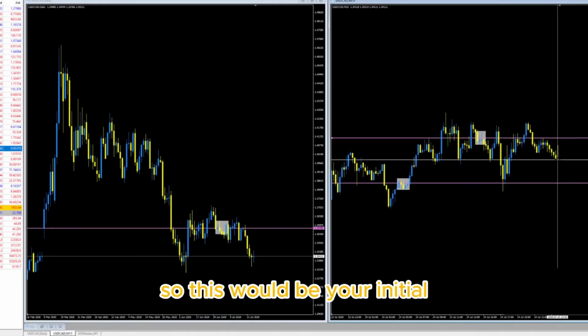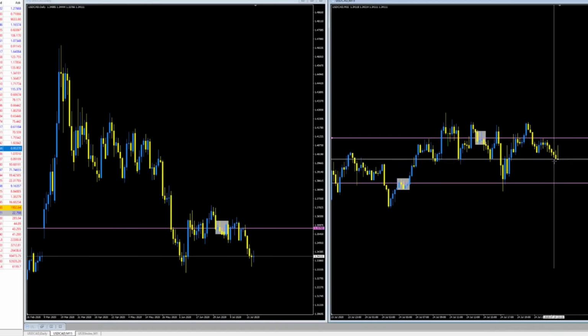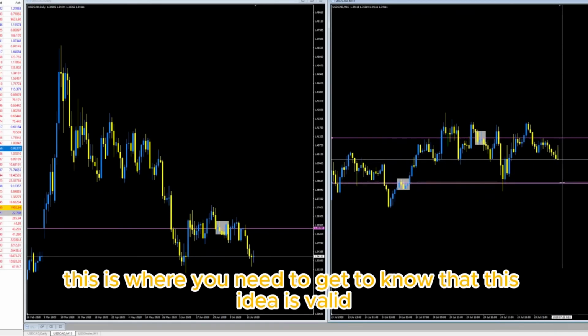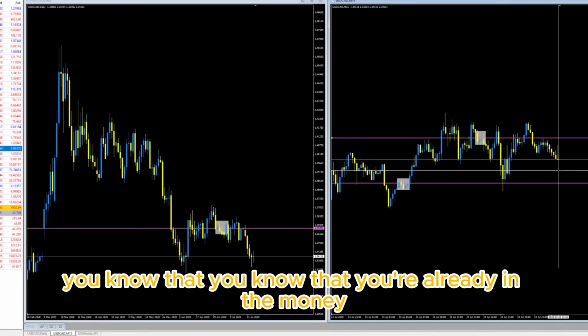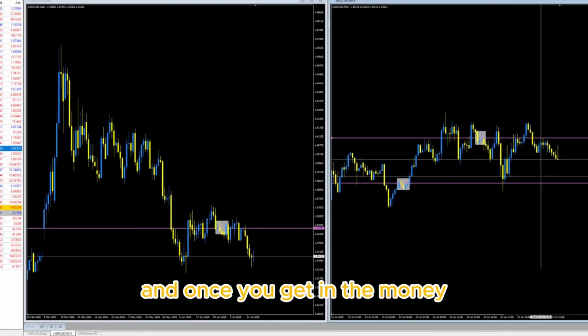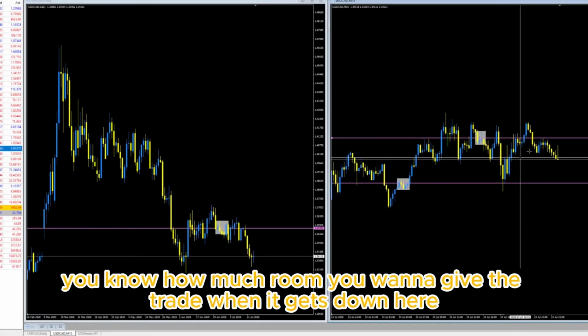So this would be your initial, I'm not going to say profit target, I'm going to say progress target. This is where you need to get to know that this idea is valid, it's making progress, and by the time it gets here, you know that you're already in the money, and once you get in the money, now you have some choices as far as how much room you want to give the trade.